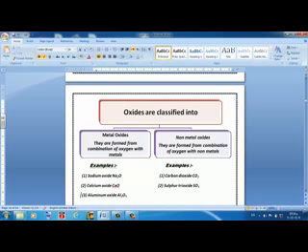On the other hand, non-metal oxides are formed from combination of oxygen with non-metals. We have two examples of non-metal oxides, which are carbon dioxide, CO2, and sulfur trioxide, SO3. In non-metal oxides, as you see in the example, carbon, which is non-metal, reacts with oxygen, which is non-metal too, to form carbon dioxide, which is a non-metal oxide.